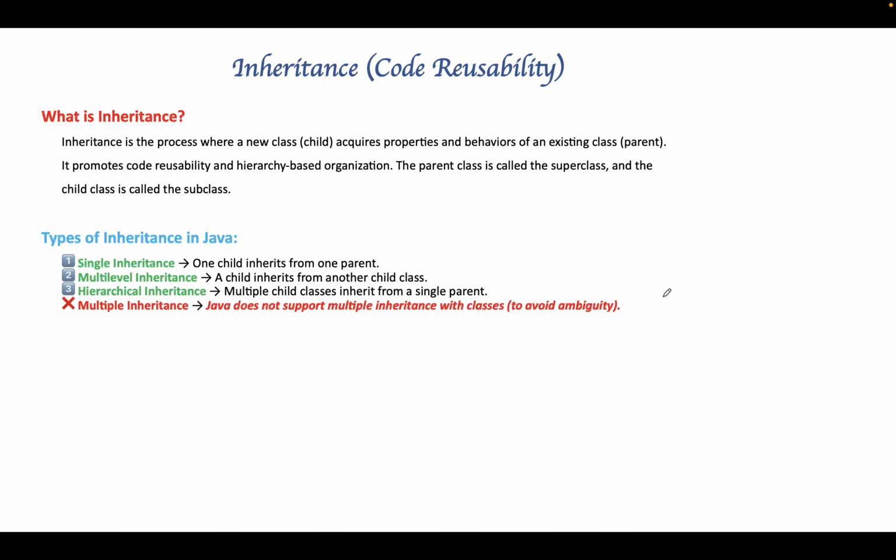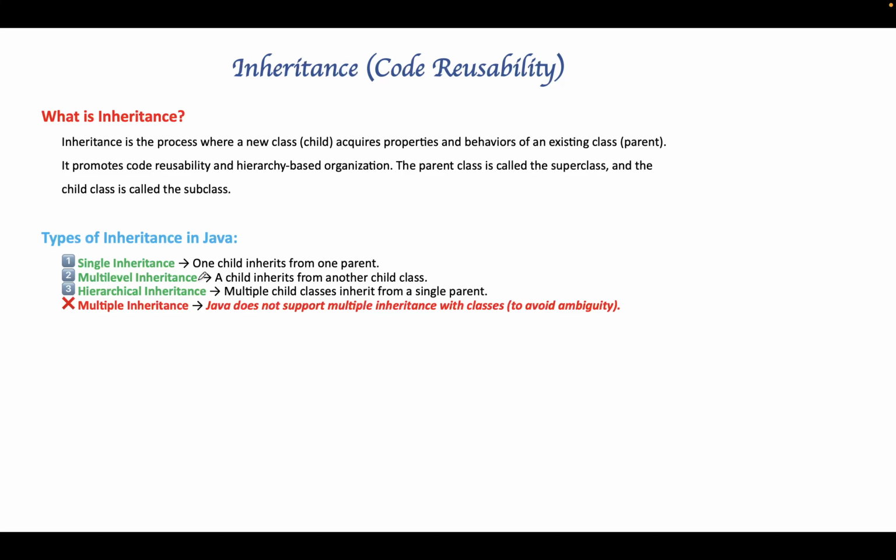Types of inheritance in Java: single inheritance, multi-level inheritance, hierarchical inheritance. Multiple inheritance is not supported by Java, that's why it is marked in red. In single inheritance, one child inherits from one parent. In multi-level inheritance, a child inherits from another child class.